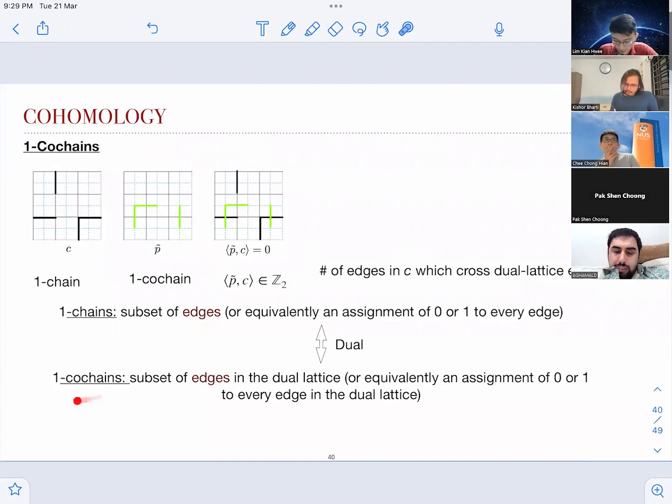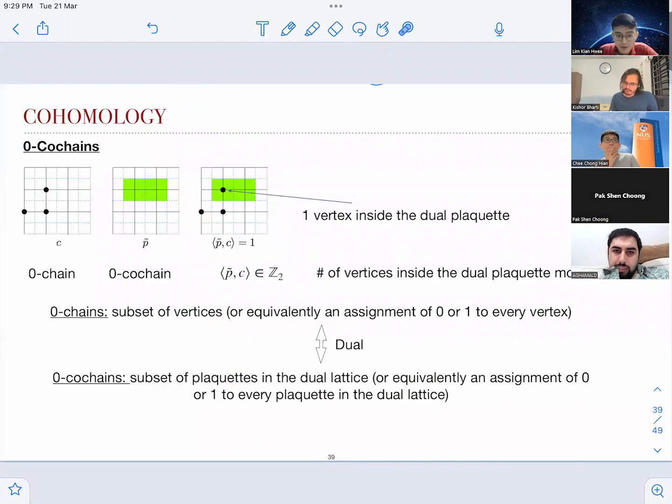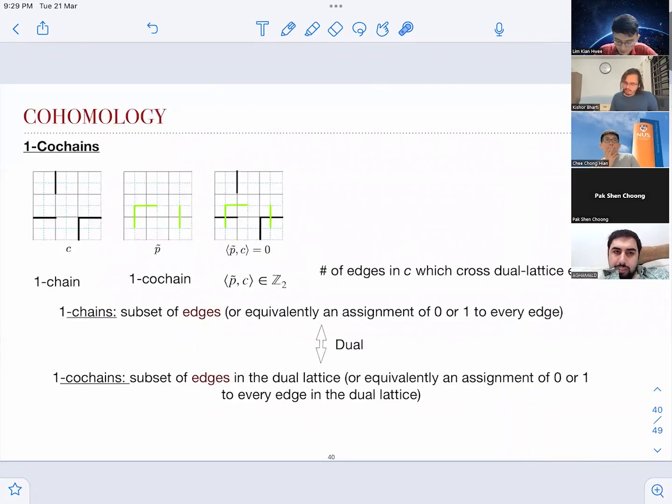Its dual cochain is again a subset of edges in the dual lattice, and their inner product counts the number of places where they intersect, modulo 2. Similarly here, it is the number of vertices inside the plaquette modulo 2. It intersects here and here, so it's 1 plus 1 modulo 2, which is basically 0. That's how we define the inner product for the cochain.